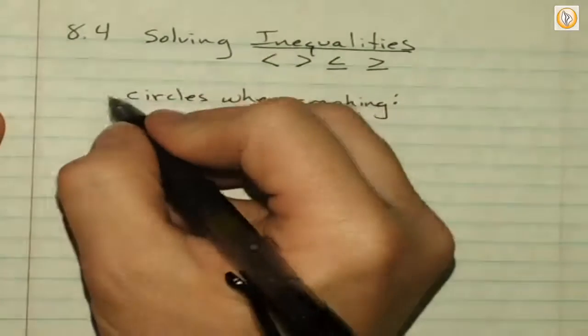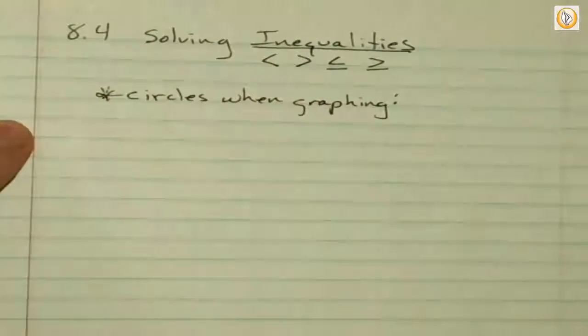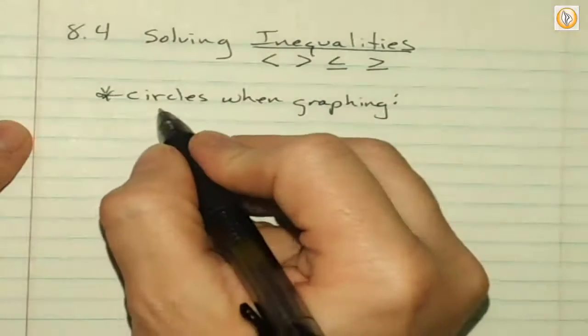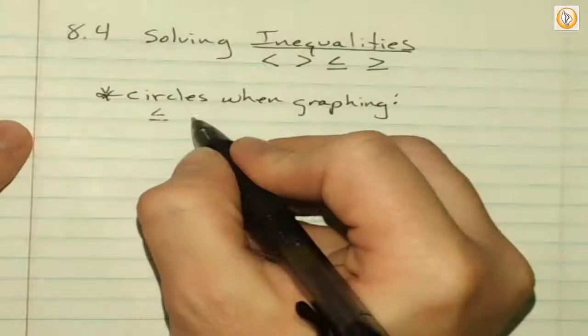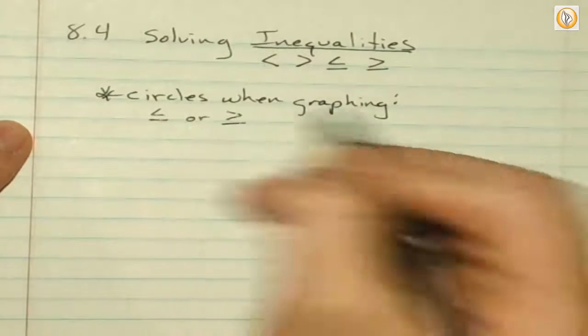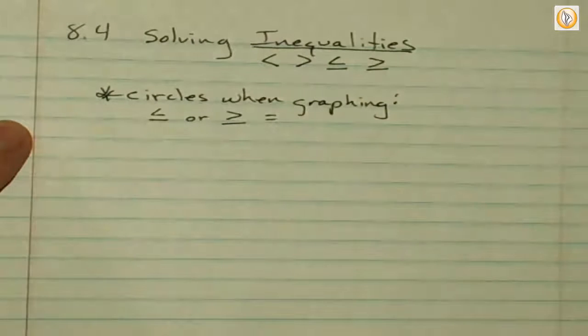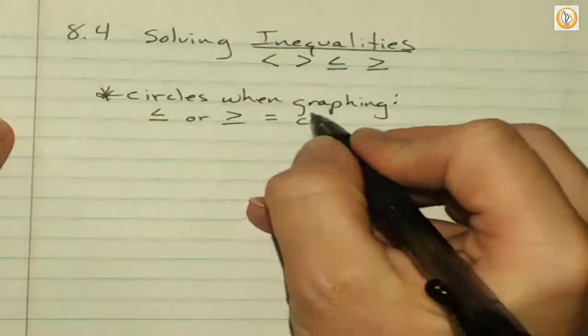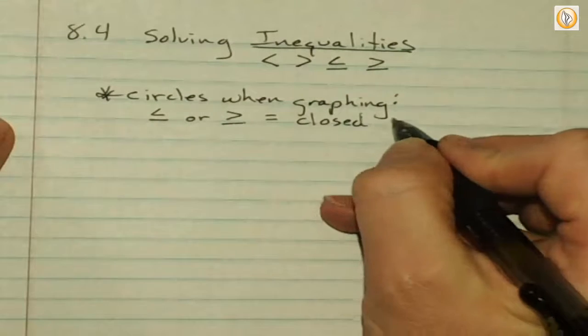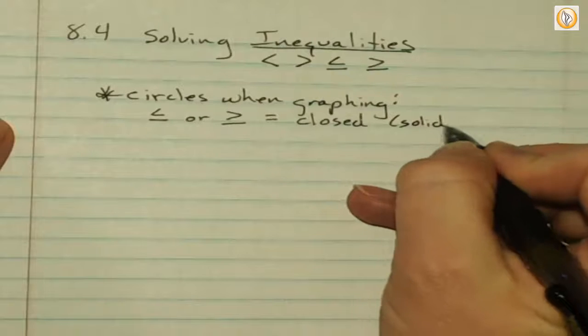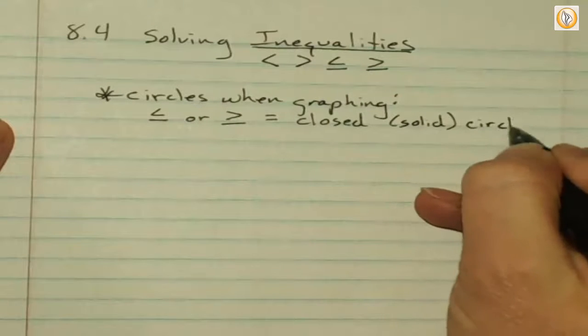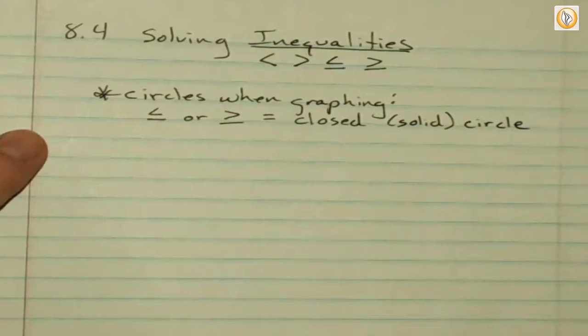Okay, so Michael, if I have a less than or equal to symbol or greater than or equal to symbol, is the circle going to be open or closed, or I should say solid? Closed. Very good. It's going to be a closed, or I should say solid, circle because it's including that number on the number line.